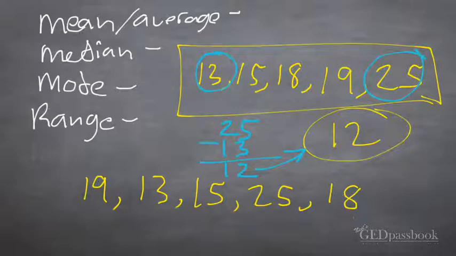Then they say, what is the average president age? You add up all their ages, divide by the amount of presidents there were, and you found the average age.